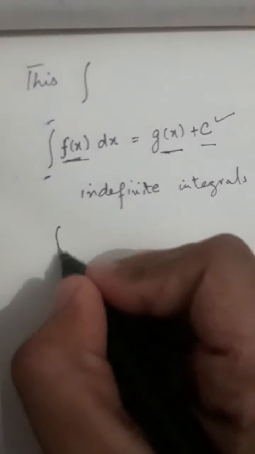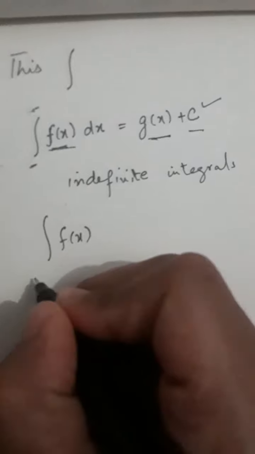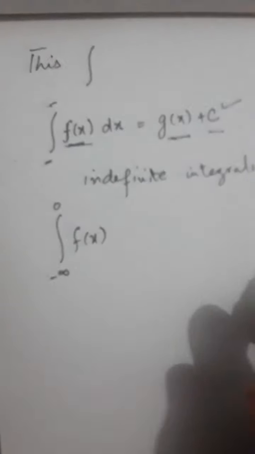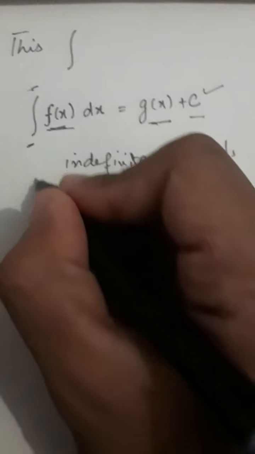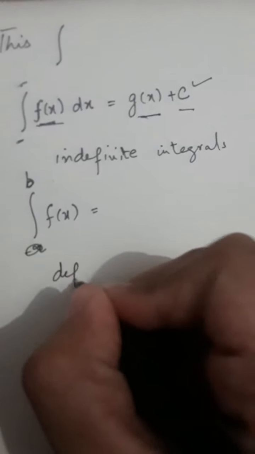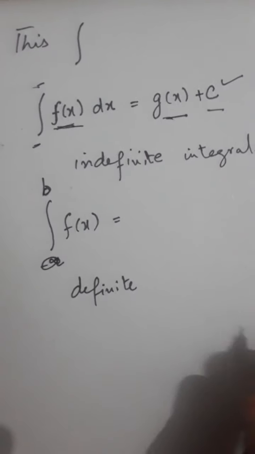And if you have an integral, let's suppose f of x, and it has limits from minus infinity to 0 or anything from a to b, then these types of integrals are known as definite integrals, because their limits, their boundaries, have been defined.